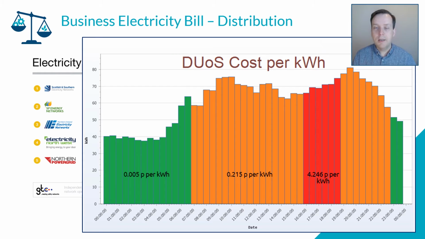Peak time in the UK is typically between 4 p.m. and 7 p.m. So we have what we call the red, amber, green charges. Amber is effectively the waking day, between 7 a.m. and 11 p.m. We have our red band in the middle, between 4 p.m. and 7 p.m., and the rest of the time is green charges, low use charges.